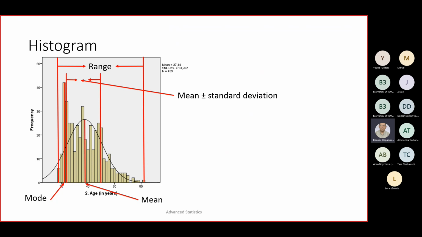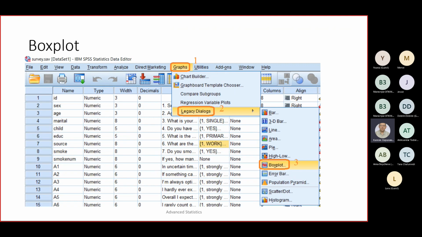These were measures of central tendency and measures of dispersion. Now, right skewness, okay. And here we cannot see the flat distribution, the kurtosis.